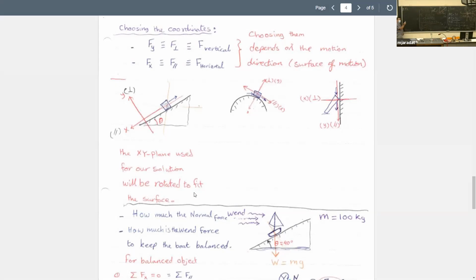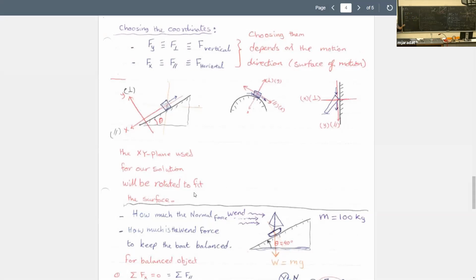Now, Newton's first law is, if we have total force equal to 0, then the object either has a velocity equal to 0, or has a constant velocity in one direction.